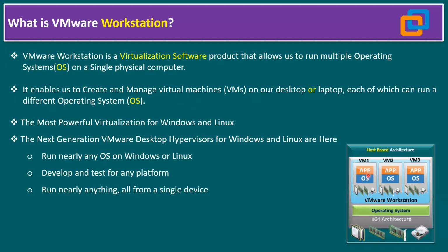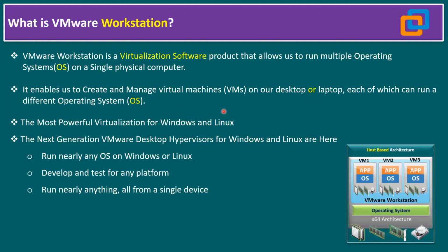Suppose on VM1 I install a Linux operating system, on VM2 we can run Windows, and on VM3 we can run a different flavor of OS. All those possibilities are available within Workstation. In addition, VMware Workstation is the most powerful virtualization mainly for these two platforms, Windows and Linux.